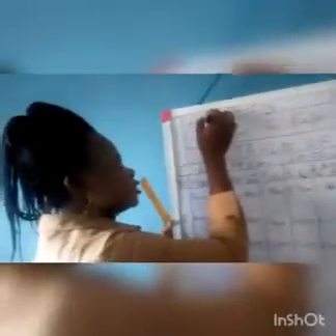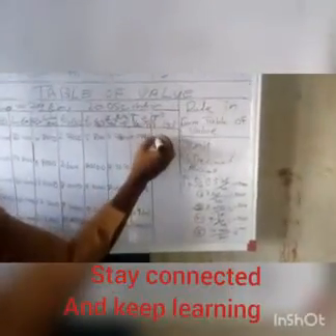Now 2 square, permit me to write here because of space, is equal to 2 times 2. So it's just using the value to multiply itself. That is the square of that value. So we can now go for T square.